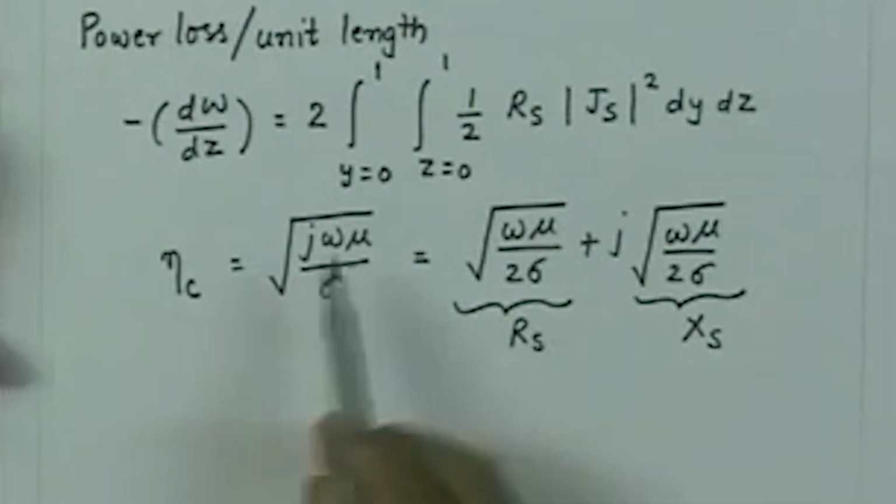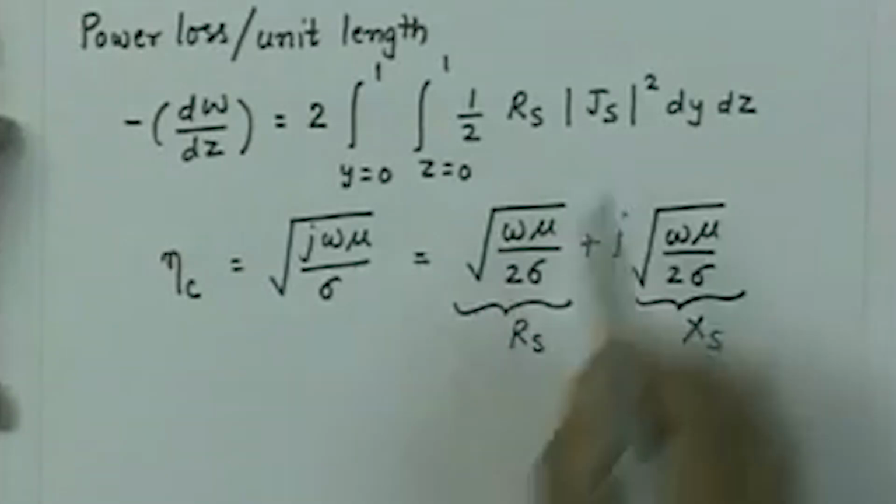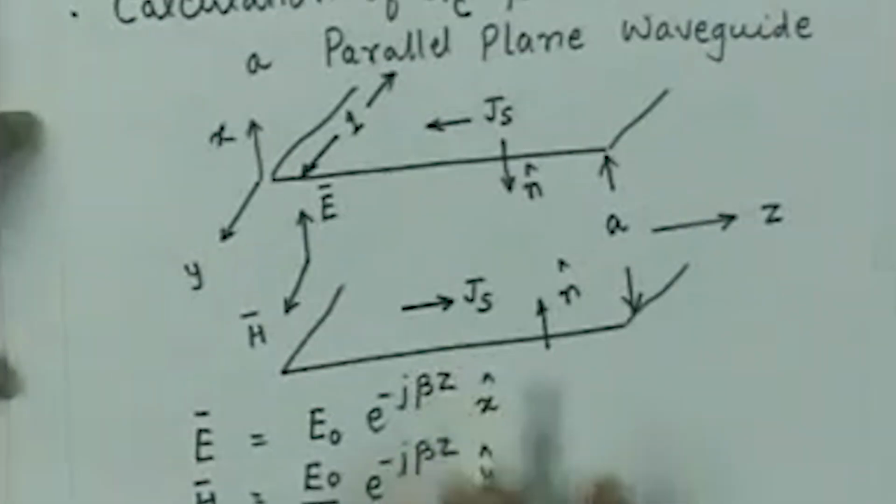So, I can substitute in this expression, and Js is the same as n cross H, which is H, which is E0 upon η.